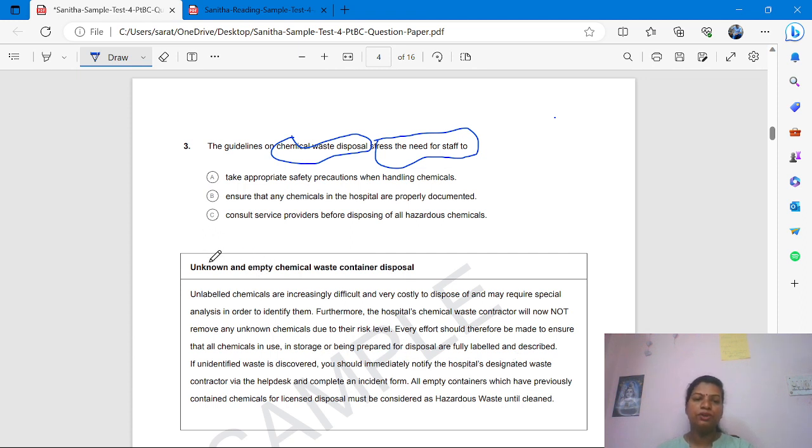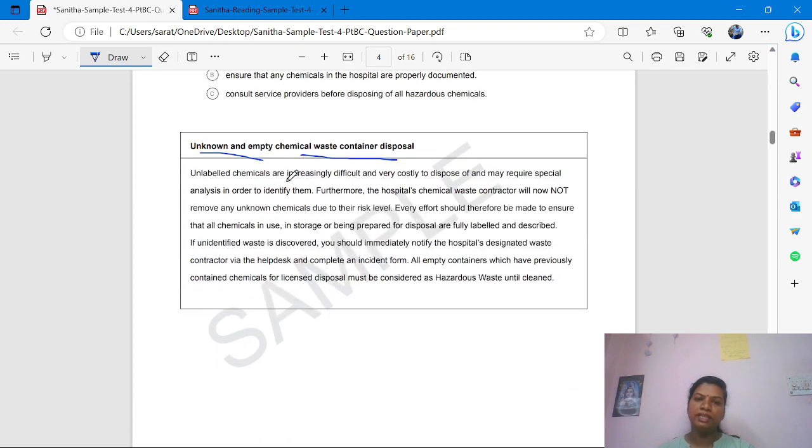Okay, so read the title: unknown and empty chemical waste container disposal. Here it is saying what we have to do when chemical waste is unknown or empty. So that is the title. Unlabeled chemicals are difficult and very costly to dispose of and may require special analysis in order to identify.